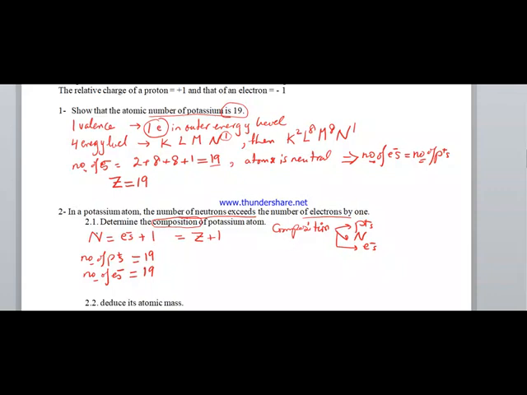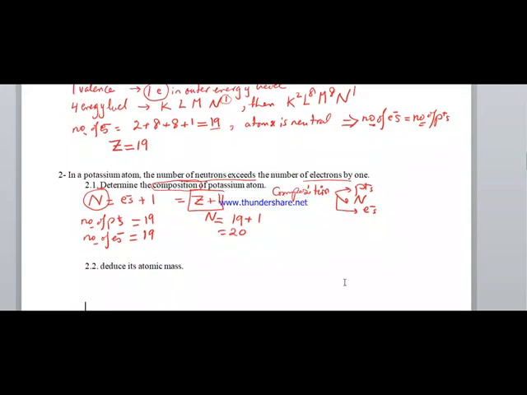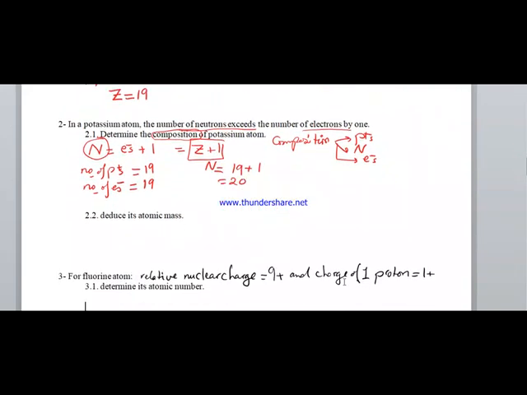To find the number of neutrons, N equals Z plus 1, so N equals 19 plus 1, which is equal to 20. So we find the composition of atom: the number of protons, neutrons, and electrons.